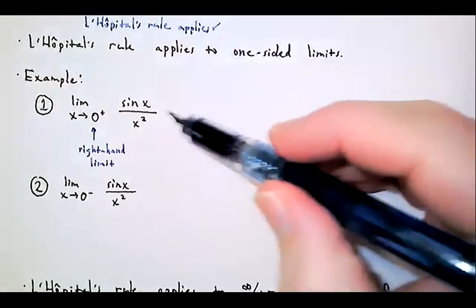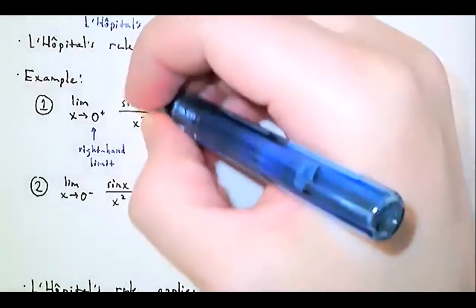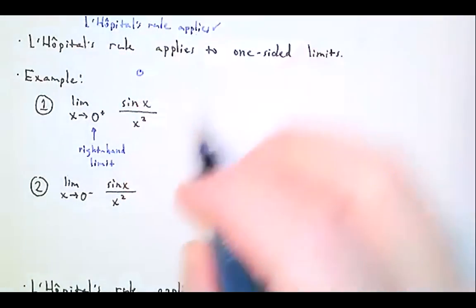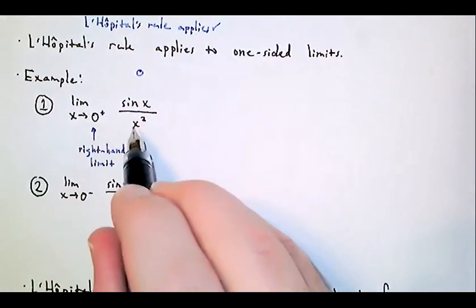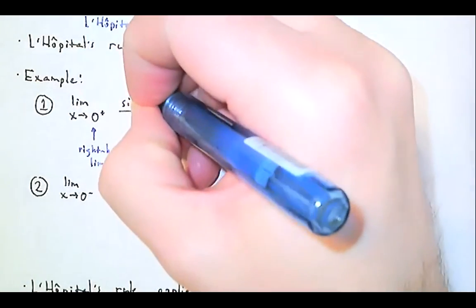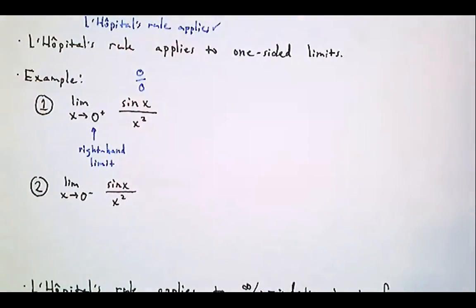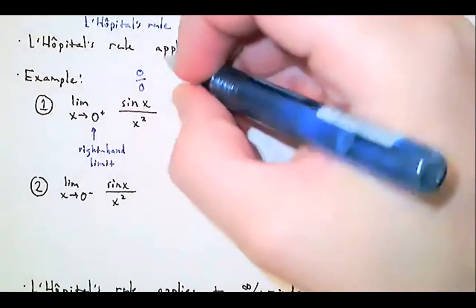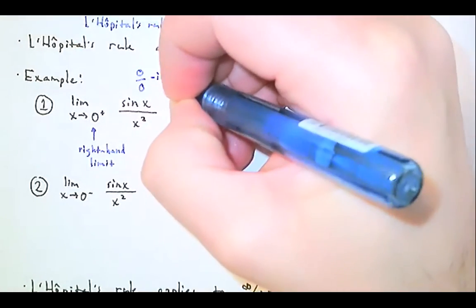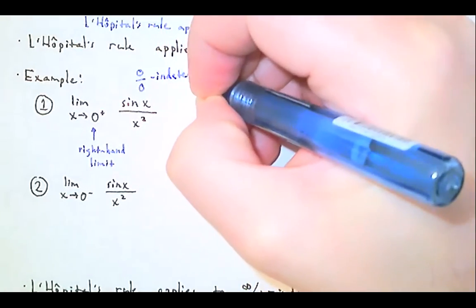Okay, so sine of 0 is 0. X squared at 0 is also 0. So this is a 0 over 0 indeterminate form.